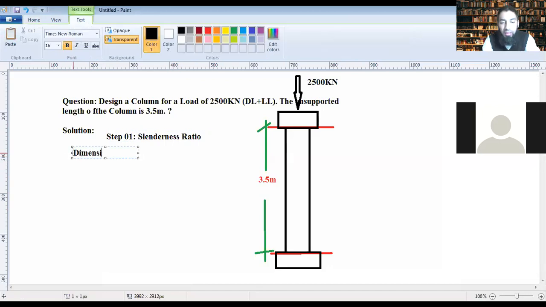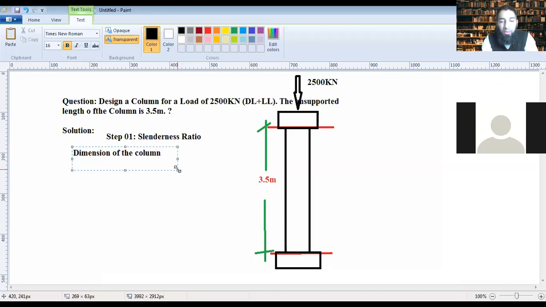So what is the dimension of the column that we are taking? If you go back 2 lectures, I discussed how you determine the dimension of the column. And we came to know that the minimum dimension you should keep for an earthquake design as well should be around 300 mm.